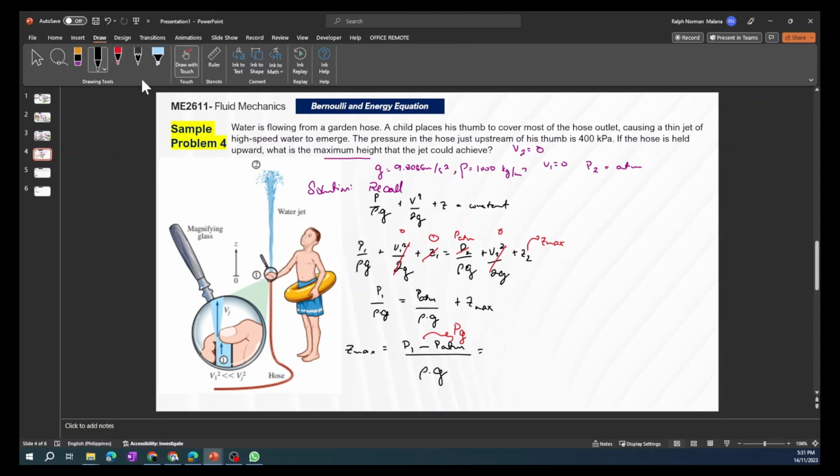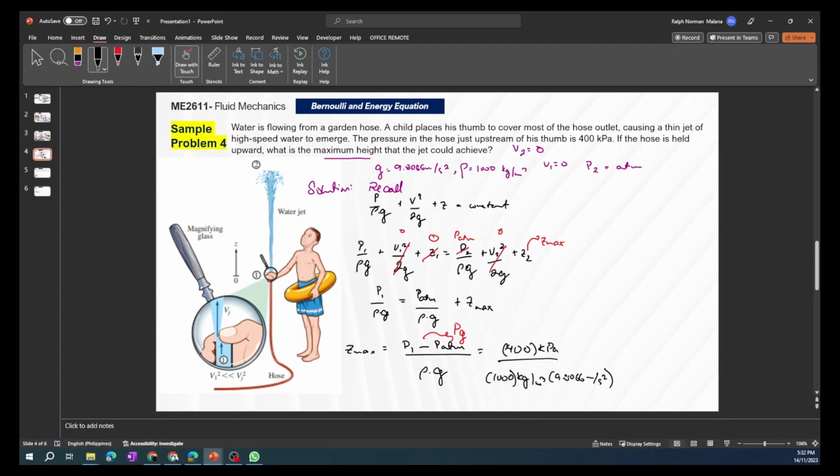So that will be your 400 kPa divided by 1000 times 9.8066 meters per second squared.